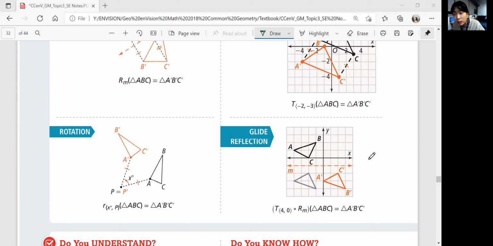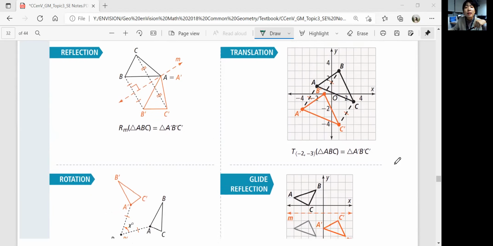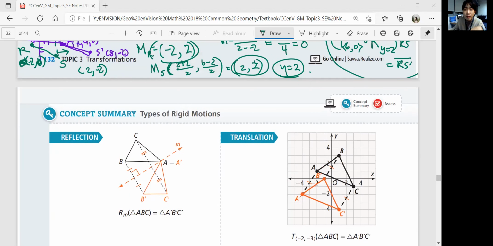A combination of transformations of translation and reflection, where translation is followed after a reflection, where the movement is parallel to the line of reflection. All right, that was lesson 4, classification of rigid motions. Bye.